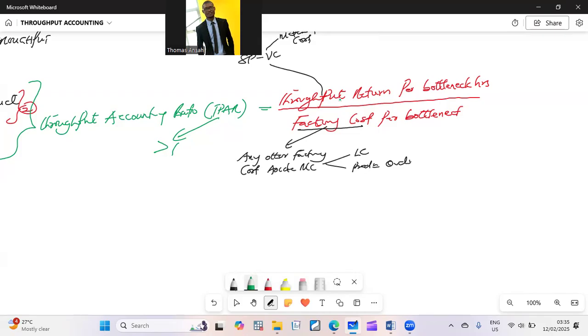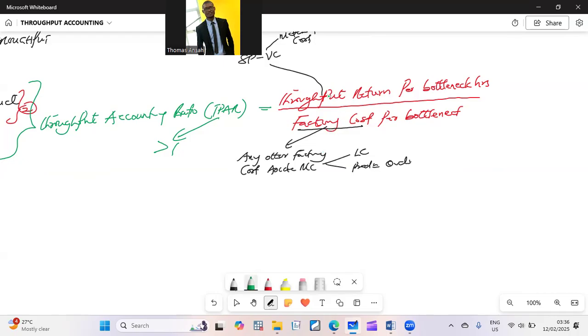Concept of profitability, because this is profit, this is return, contribution, and this is cost, factory cost. So it means the contribution should be greater than 1 for us to deem it profitable. But another thing you should understand is that when we look at this ratio, we have to deal with the top one and the bottom one.